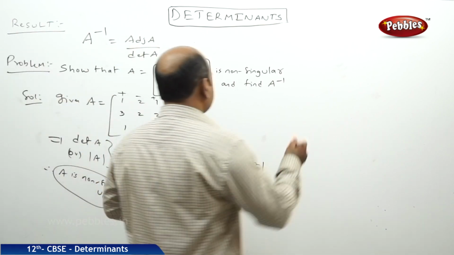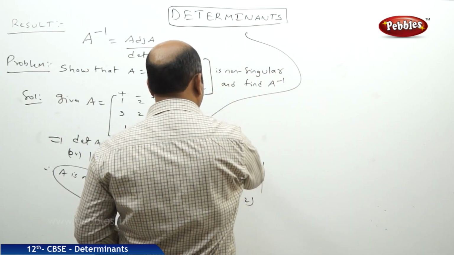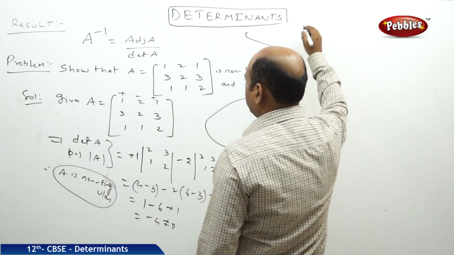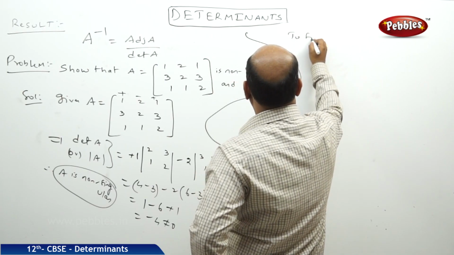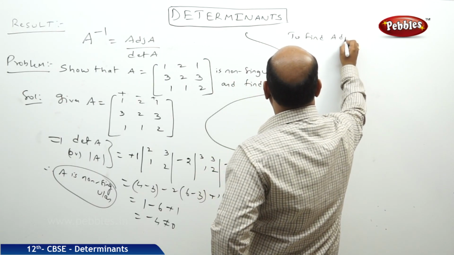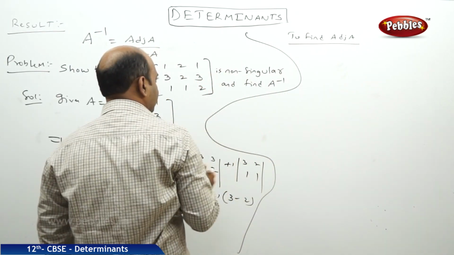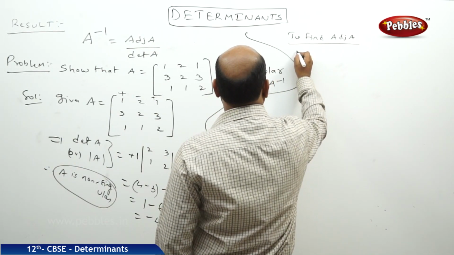Now, before finding A inverse, I want to find adjoint A. To find adjoint A, I want to find cofactors. So, immediately I need to find cofactor of 1.